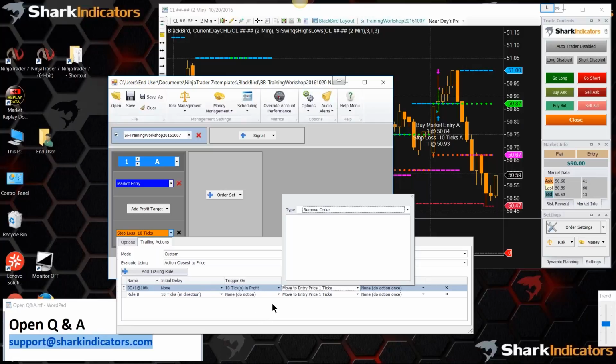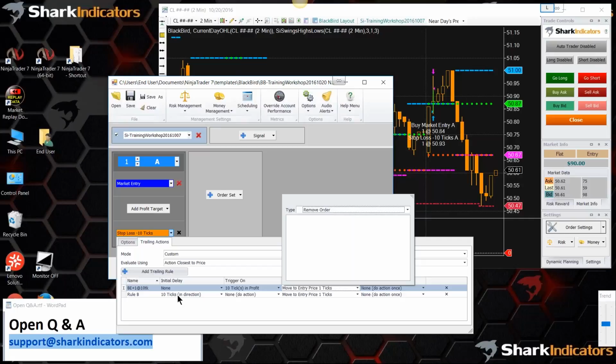That way your stop loss still exists, and then you could have another trailing rule that would move your stop loss back up to where price is, or somewhere relative to your entry price, putting it back into place afterwards. So again, freezing an order is an absolute. You cannot undo that. Removing an order is an absolute. You cannot undo that.